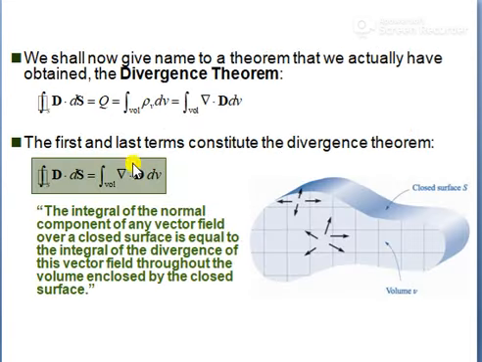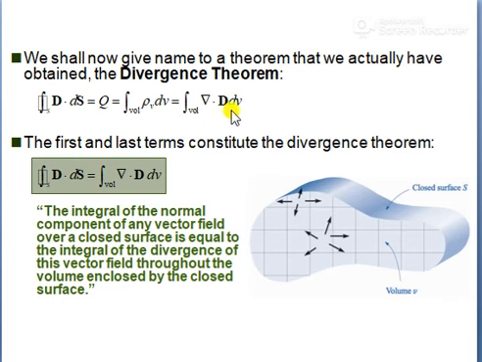So we shall now give a name to the theorem that we have actually obtained: the divergence theorem. That is, integration over closed surface D dot dS is equal to Q, which is equal to integration over volume ρv dv, that is equal to integration over volume del dot D dv.